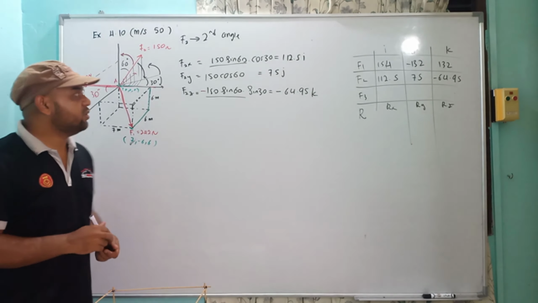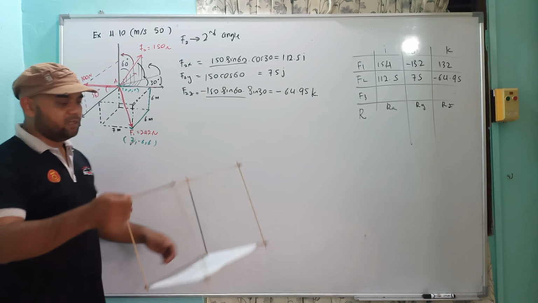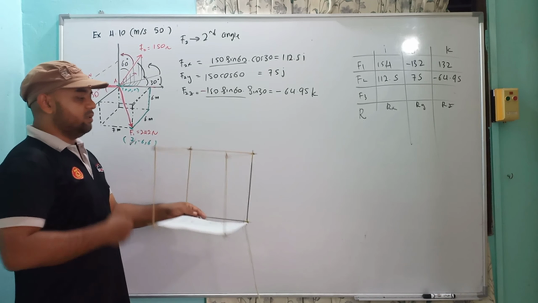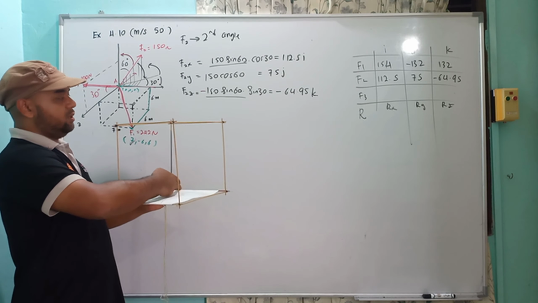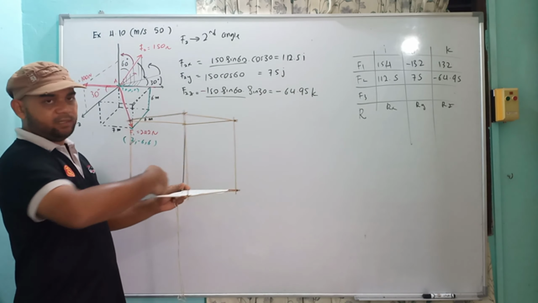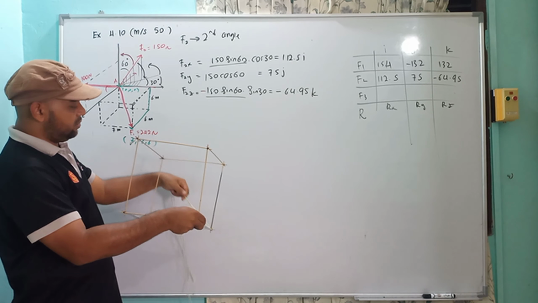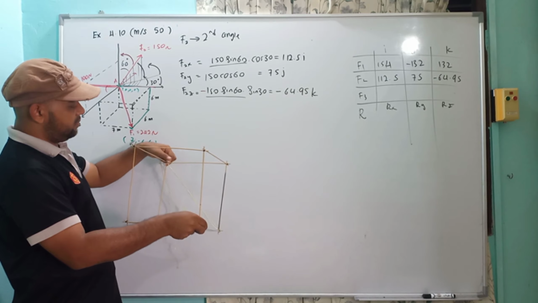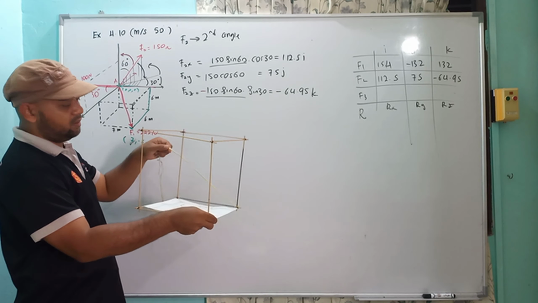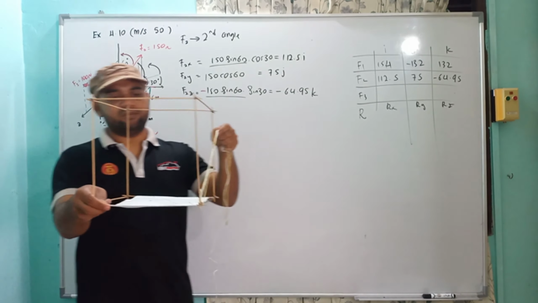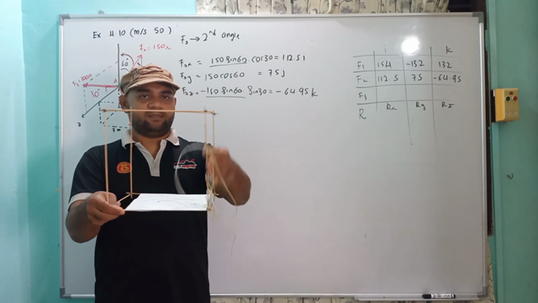Okay, and then we go to the last one, which is F3. So the F3 is actually from this figure, with Y, X and Z. Looking from this side, you will see that it is on the Y and Z plane.